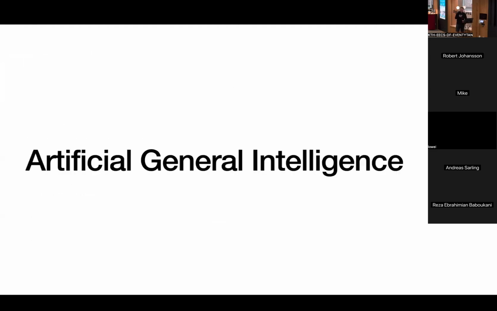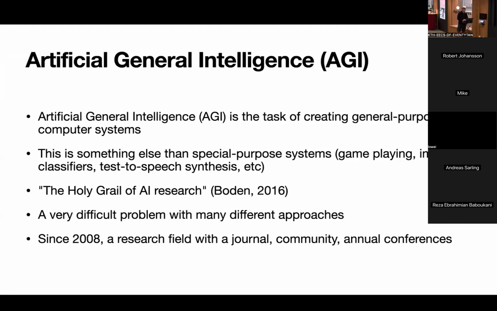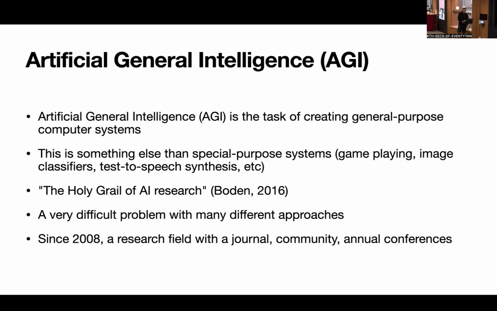So artificial general intelligence. Who in the audience has not heard about artificial general intelligence? It seems like most people know about it. So this is really the task of creating a general purpose computer system, which is typically contrasted with these special purpose systems that are trained for a particular task, like image recognition or game playing.